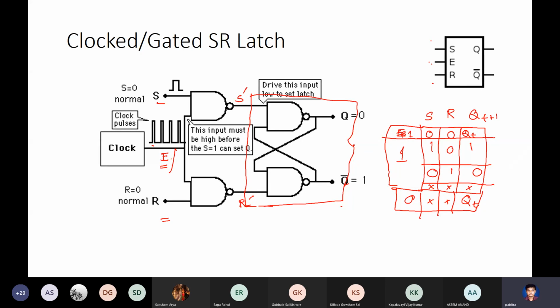Now what I can do is give this enable input a train of pulses, called clock pulses. What is a train of pulses?